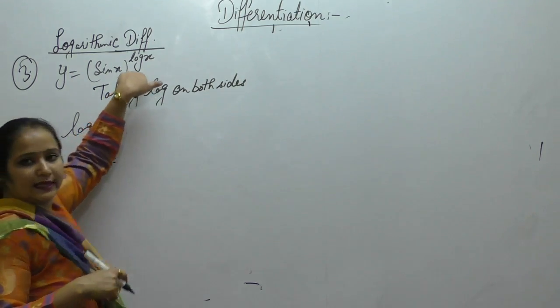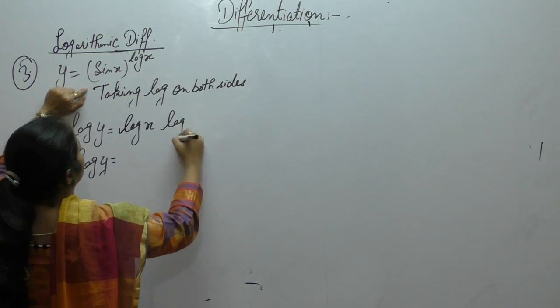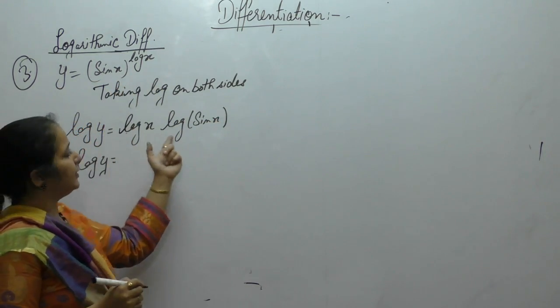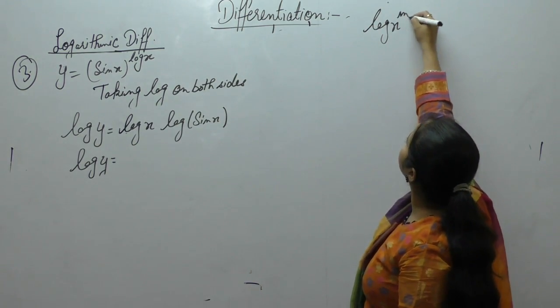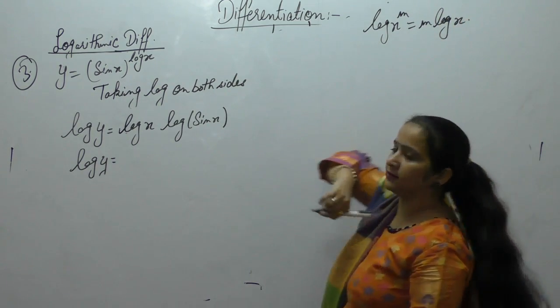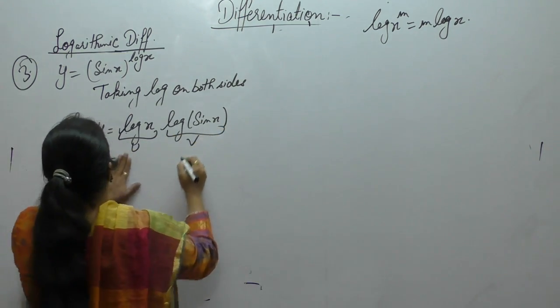Power is here, so taking log on both sides. So what we get? Log of y equals log of x times log of sine x. We are using this formula, log of x power m is m log of x. Clear? Now this is the u function, this is the v function.